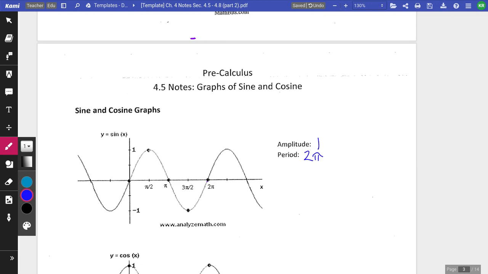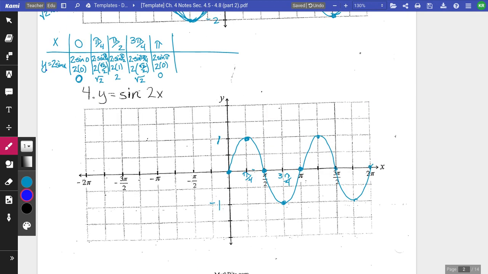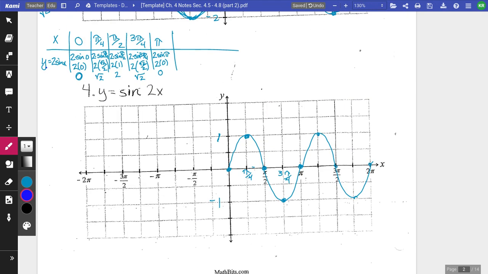We saw that happen with this one right here, number 4. In this example, b is 2. My regular period for a sine graph is 2 pi, but when you divide that by b, divide by 2, that's going to change the period to pi.